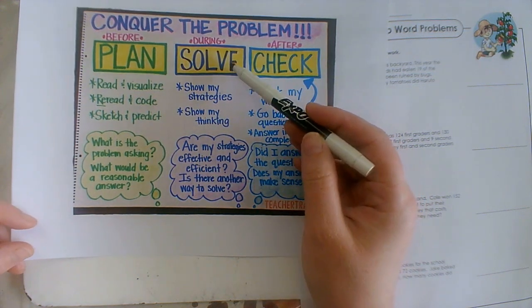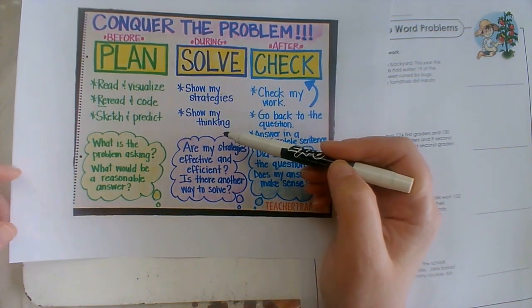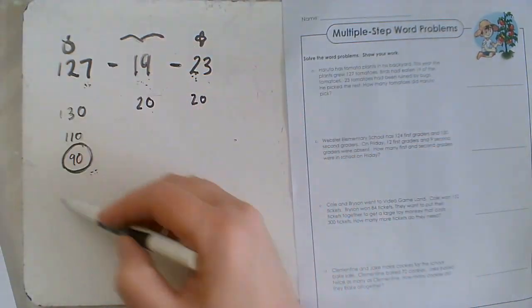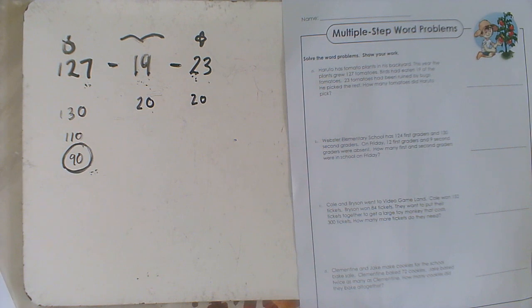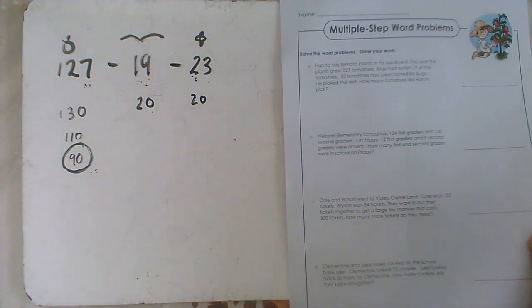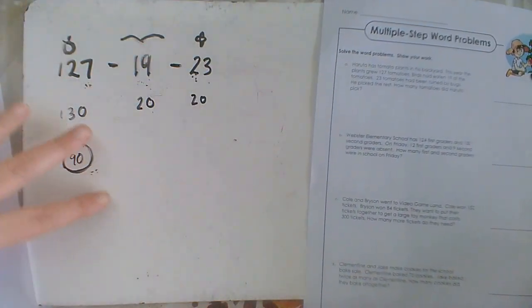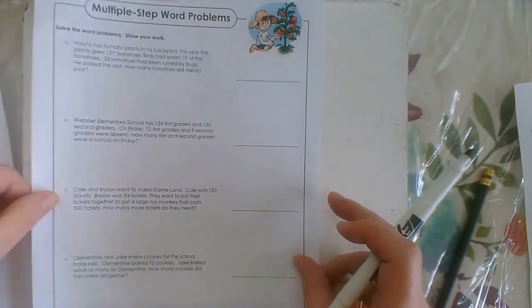Okay, now I actually have to solve it and show my strategies and show my thinking. So again, you don't necessarily need to show your sketch, okay, and all of your estimating unless you want to. But you do need to show how you solve it. This is just what's going on in my brain as I'm planning, okay?